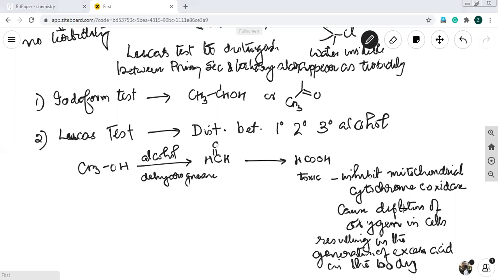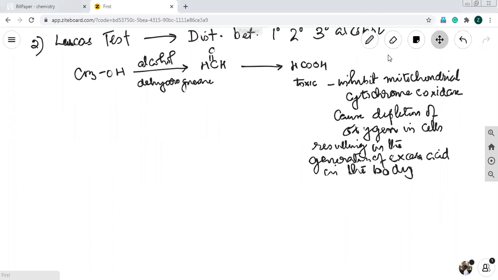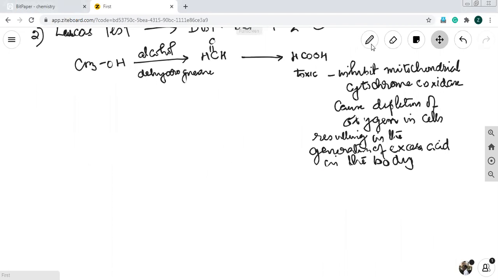Okay, this will result in the generation of excess acid in the body, and thereby causing a lot of metabolic disorder.